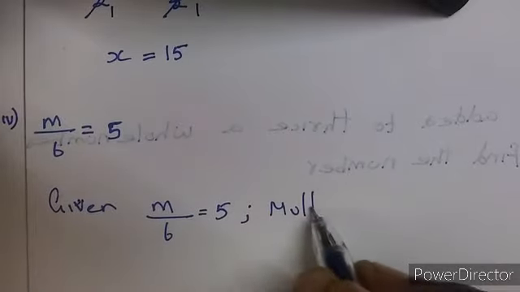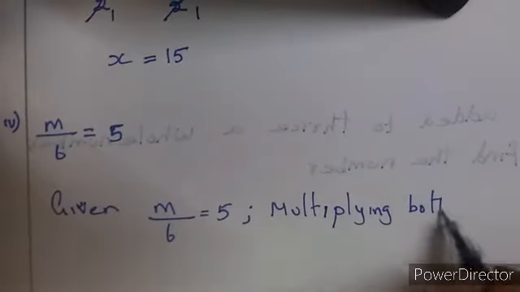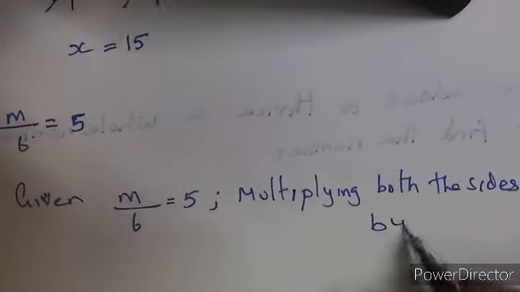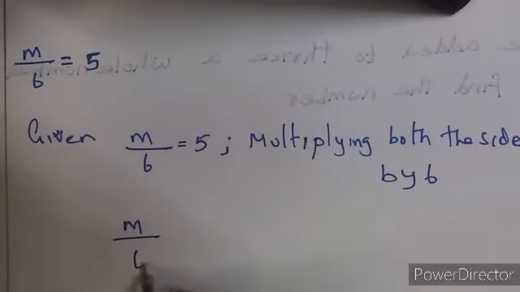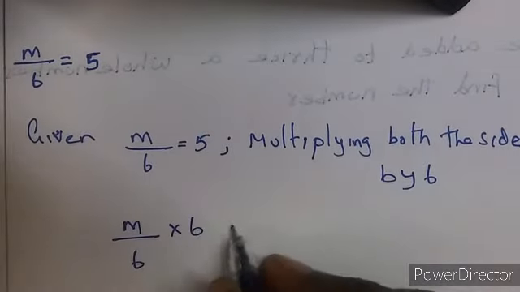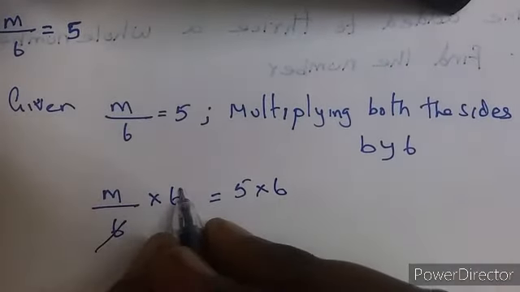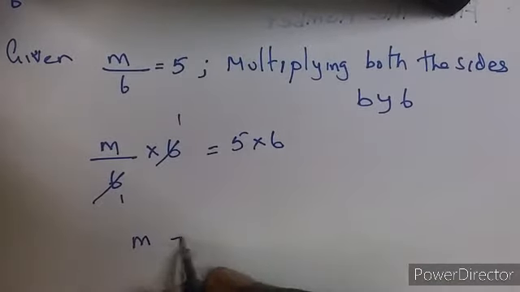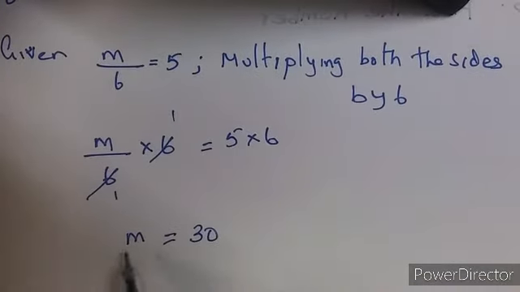So multiplying both the sides by 6, m by 6 into 6 and that side 5 into 6. 6 ones are 6, the remaining variable is m. 5 into 6, 30. M equal to 30.